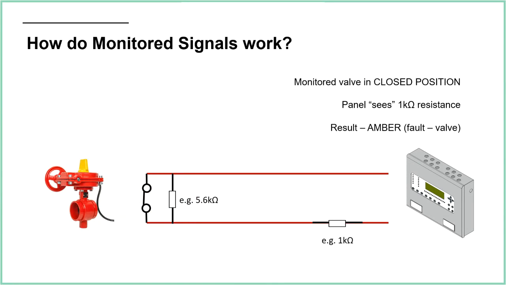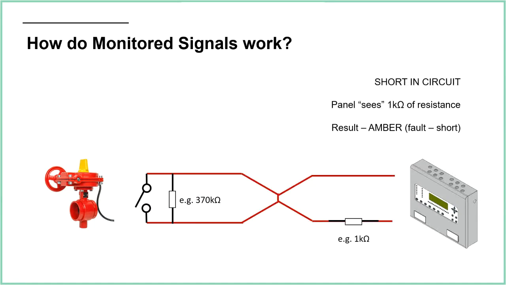It's still got to go through our 1k resistor though, so the panel will see 1 kilo ohm of resistance. The result of that will be a fault, an amber light, and we know the reason is because it's going through the switch, and the reason the switch is closed is because the valve is closed. So that will give us a valve fault on the panel.